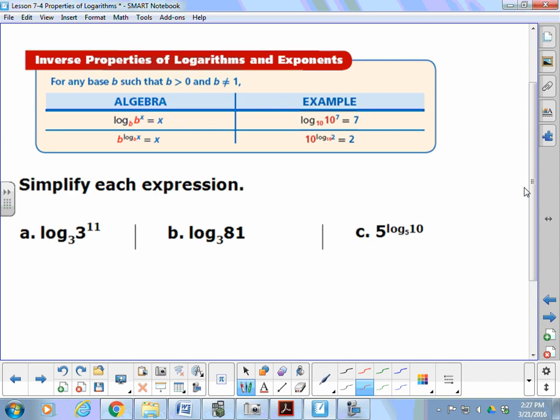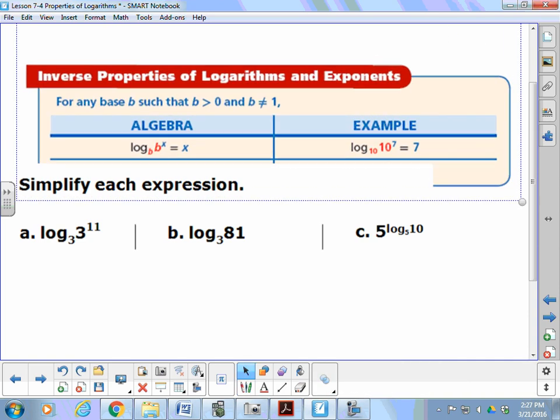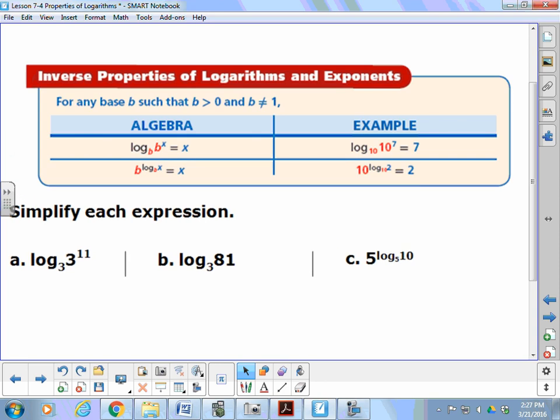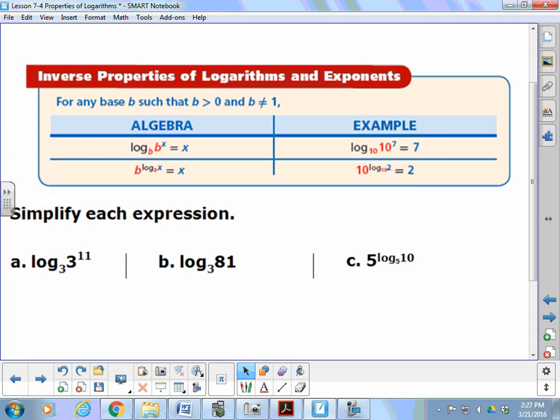So we've got here the log base b of b to the power of x just equals x. These bases basically cancel each other out in a way. When these two things are the same, they undo each other because they're inverses, so then it's just going to equal x in both of those cases.